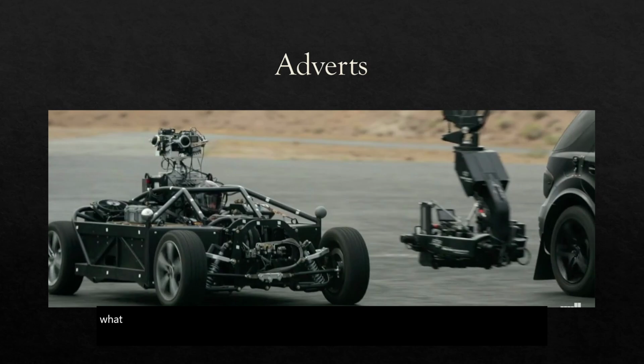Alright? This is every single car you have ever seen in a car advert over the past 10 years, something like that. Right? Everything is this little guy. Alright? It has adjustable wheels, adjustable height, adjustable speeds, and it's motion capture.